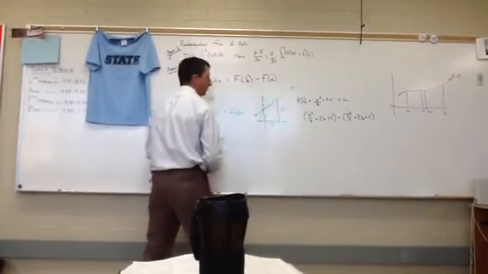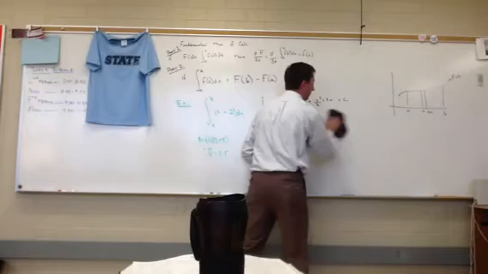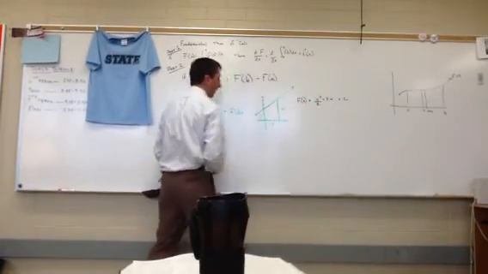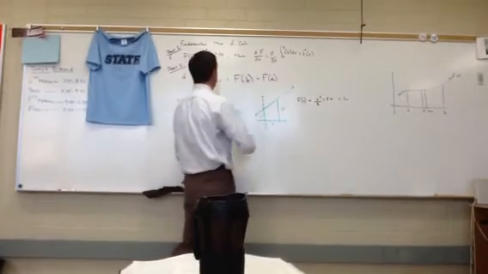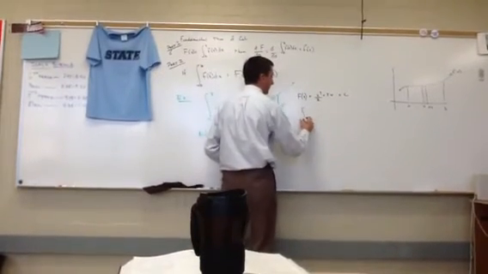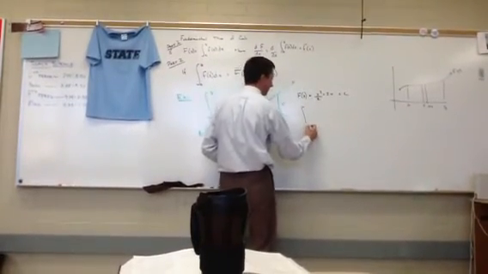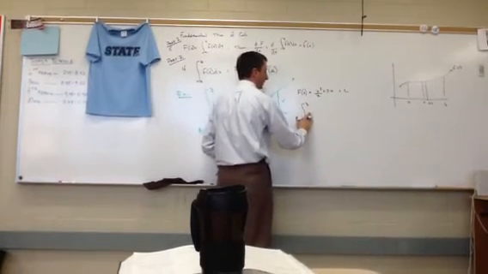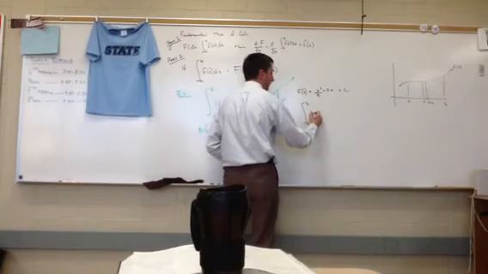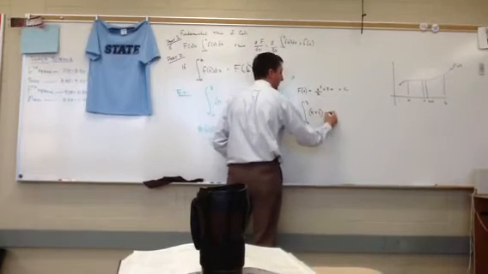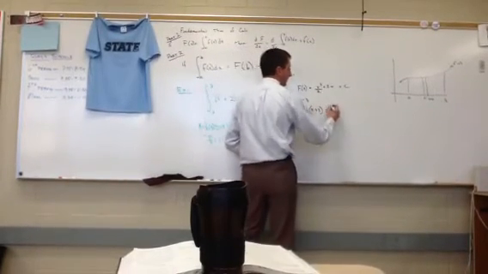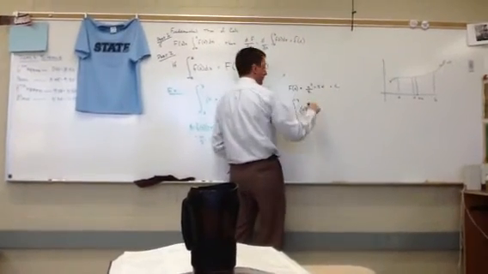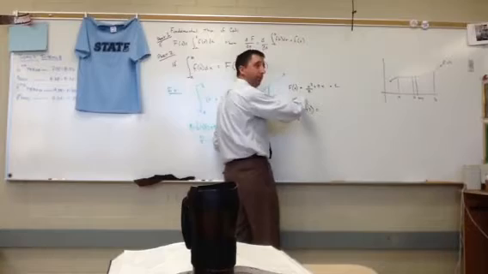So when we evaluate definite integrals, really all I'm going to think of is that the integral from 0 to 3 of x plus 2 is going to be the antiderivative evaluated at my upper bound.